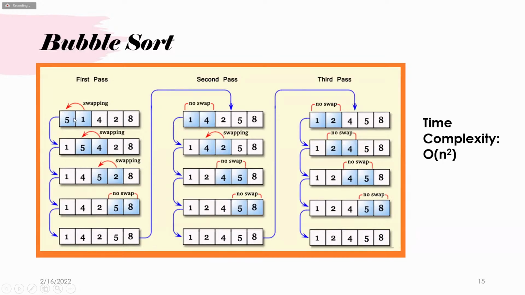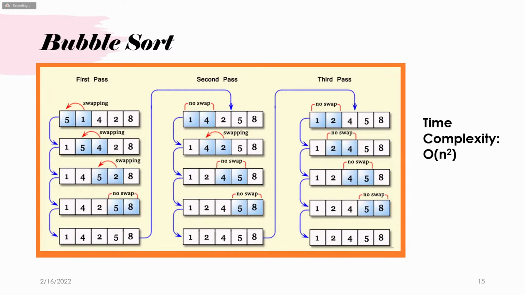So 5 is greater than 1. If I'm going to sort the given array in increasing order, my 1 has to be placed before 5, right? So I'm going to swap these adjacent elements, 5 and 1. In the next iteration, you can see that the 1 and 5 are swapped.